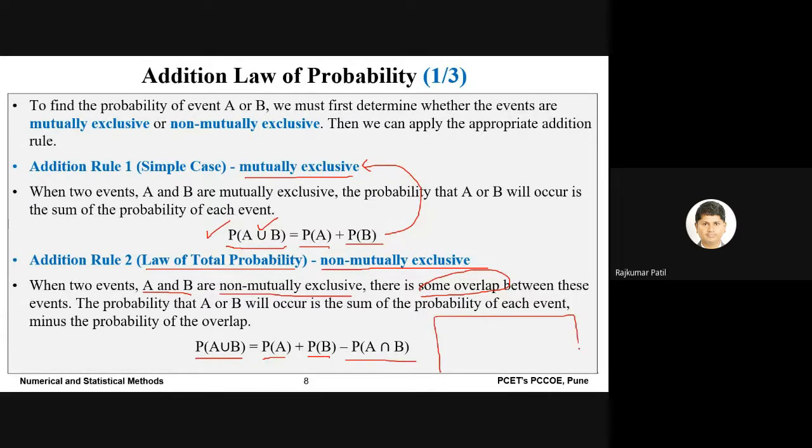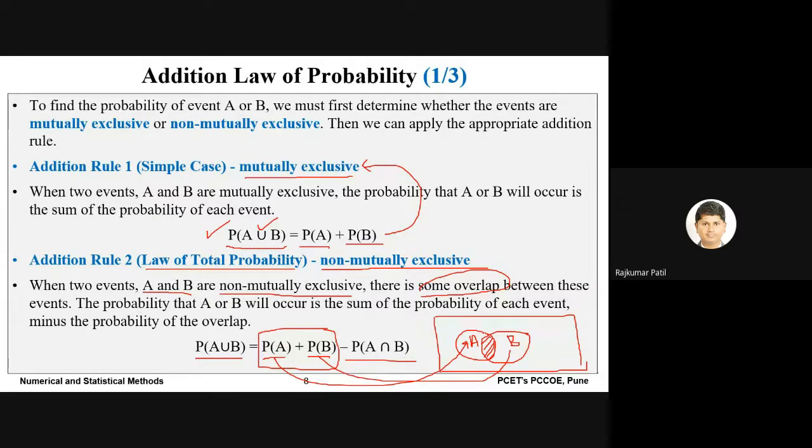So why is that intersection there? As I mentioned, when there are two events, A and B, the probability of event A means the area covered by event A, and the probability of event B means the area covered by event B. But when we add these two, a common overlapping area is counted in both, and that should not be there.